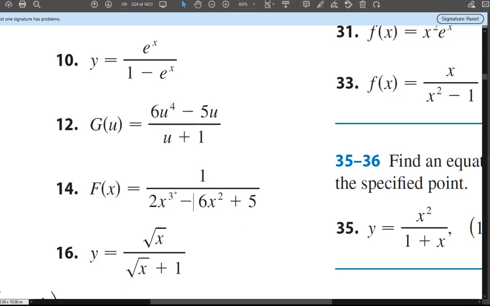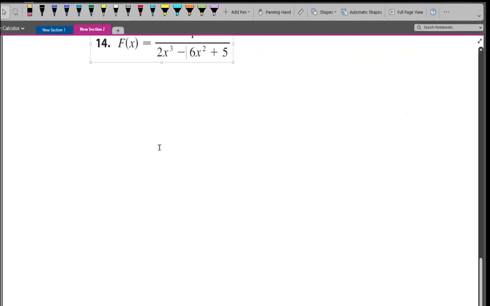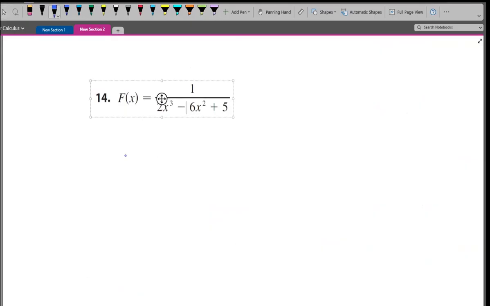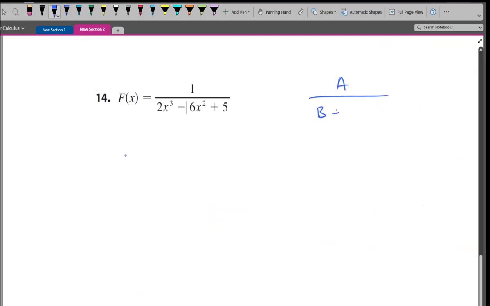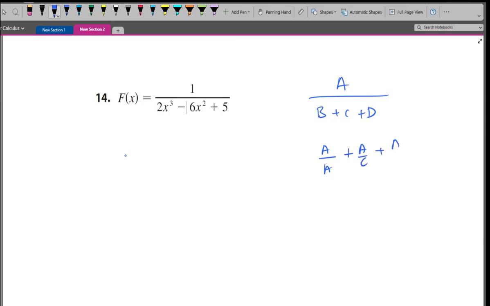Let me see. I haven't solved that question yet, but let's try to find the easier way to solve it. One way is: if a over b plus c plus d, this is the general form of this equation, by the way, one way is to solve it like a over b plus a over c plus a over d.